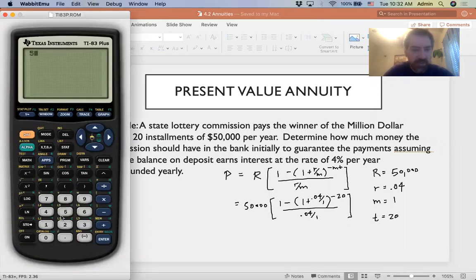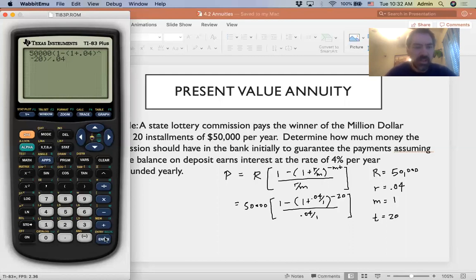So 50,000 times, open parentheses, 1 minus, another open parentheses, 1 plus 0.04. Close that parentheses, raise it to the negative 20. Close that parentheses and divide by 0.04. I don't need the parentheses around this 0.04 since I'm just dividing by it.